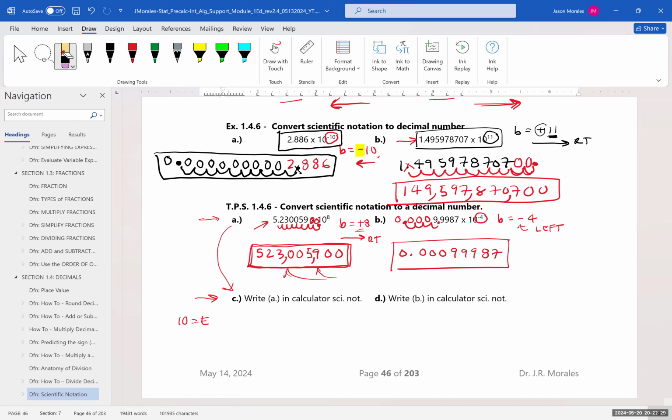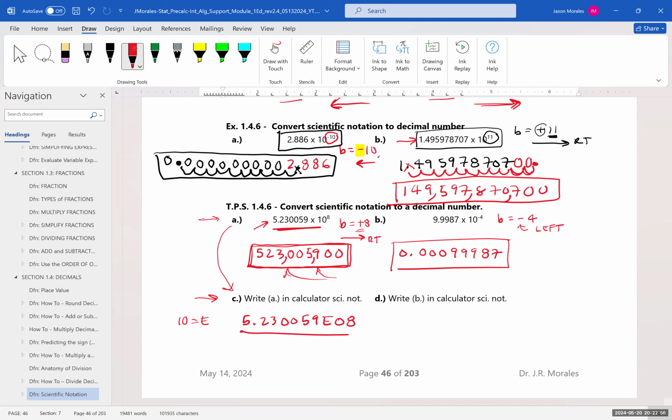So now part C and D is how would you observe this scientific notation on your calculator. On your calculator, you would see this number represented as 5.230059 E and probably a 08.